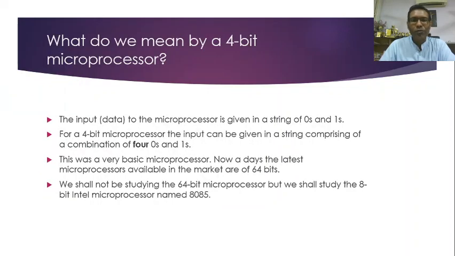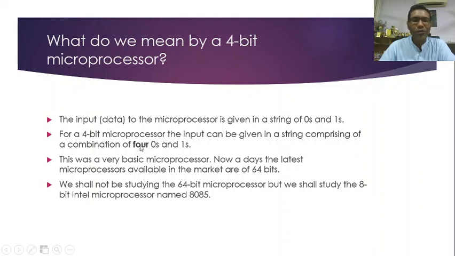What do you mean by a 4-bit microprocessor? Now, as you know that microprocessor is a digital device, so the input of a microprocessor is given in a string of zeros and ones. And this string is of a definite length. For a 4-bit microprocessor, the length of this string is 4.